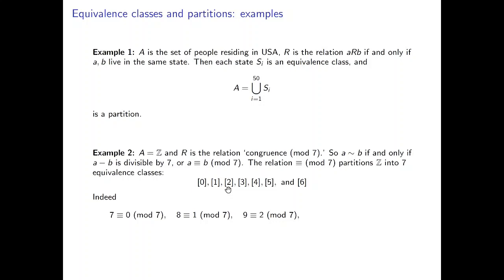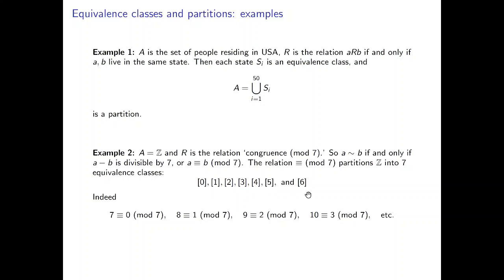So 9 will belong to the class for 2, and so on. 10 will belong to the class represented by 3, 11 will belong to the class represented by 4, 12 will belong to the class represented by 5, and 13 will belong to the class represented by 6. And then once I hit 14, well, 14 is just a multiple of 7, so it will belong to the class represented by 0, and then this will keep repeating.